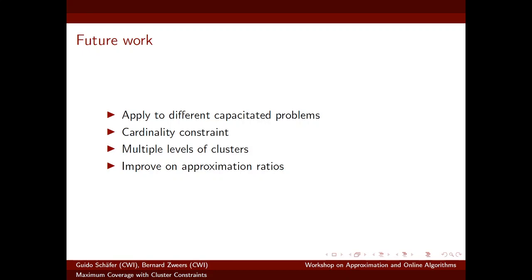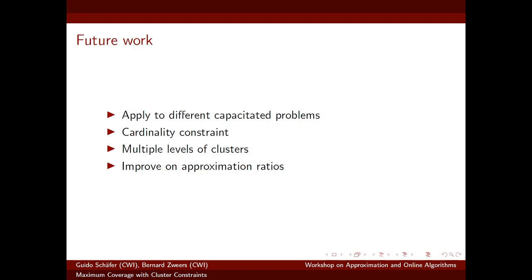It's also interesting to see, and that's maybe a bit more tricky with this formulation, if it can be applied to problems with the cardinality constraint. And maybe less practical application, but theoretically maybe interesting, is to see if you can also apply this technique to problems with multiple levels of clusters and not just a single level. So then you have a cluster of clusters.